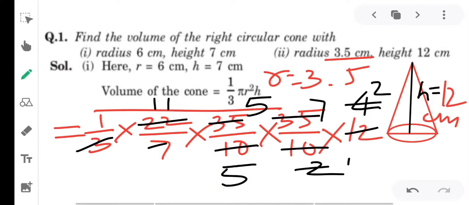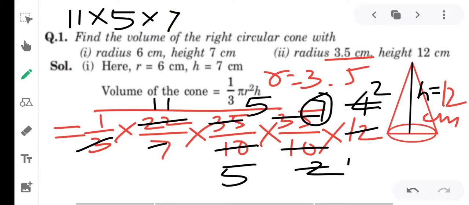So almost a lot of values are cancelled out. तो यहाँ पर क्या क्या वैल्यू कैंसिल हो चुकी है और क्या क्या हमारे पास बचा है उसको हम लिखेंगे. So we have 11 multiply 5, and then multiply here 7. This 7, यहाँ पर 7 बचा हुआ है, and the remaining is 2, ये 2 की हम बात कर रहे हैं.